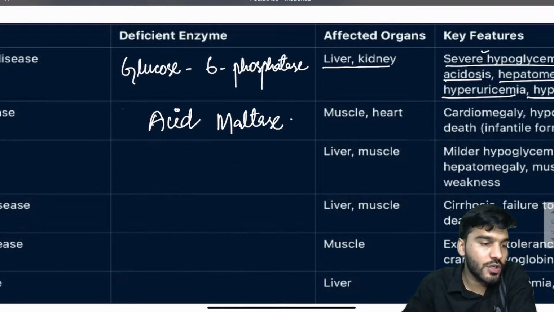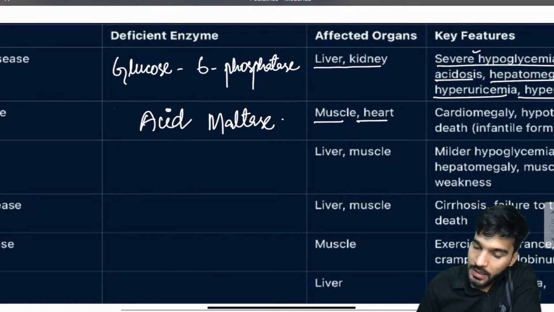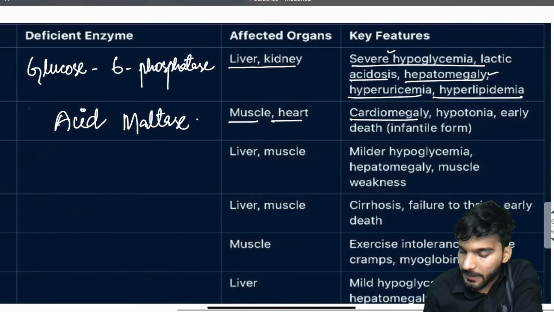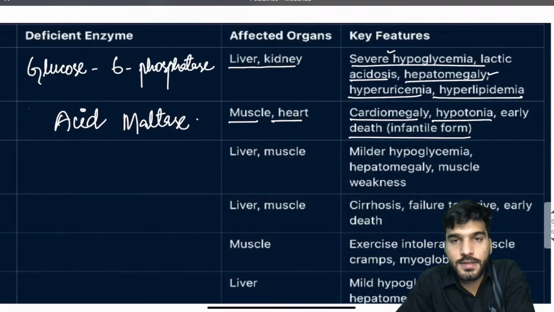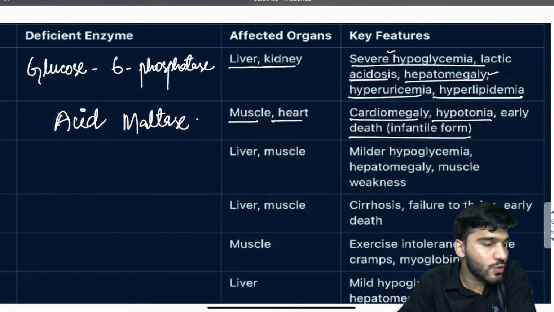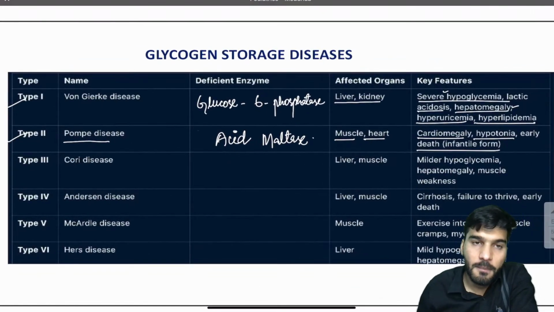The organs involved are muscle and heart, and the key features are cardiomegaly, hypotonia, and early death.